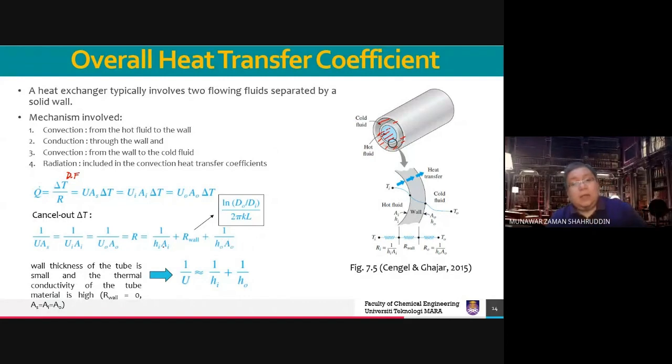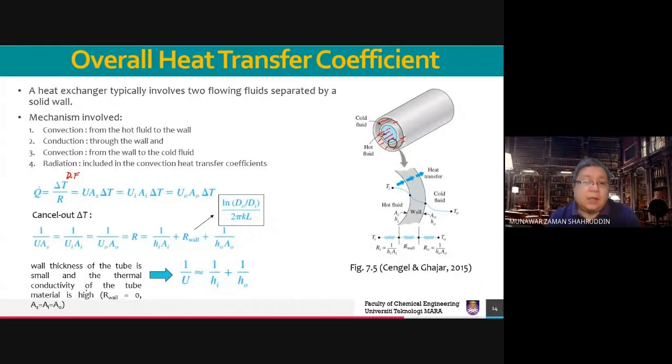And if the wall thickness of the tube is small, meaning that R naught and Ri are more or less the same, it is as good as thickness is 0. It's very small and the thermal conductivity of the tube material is high.